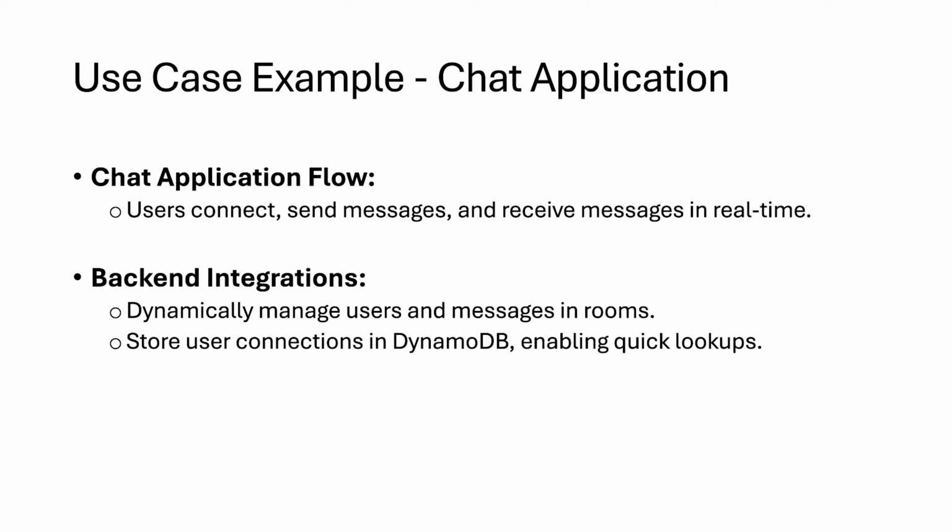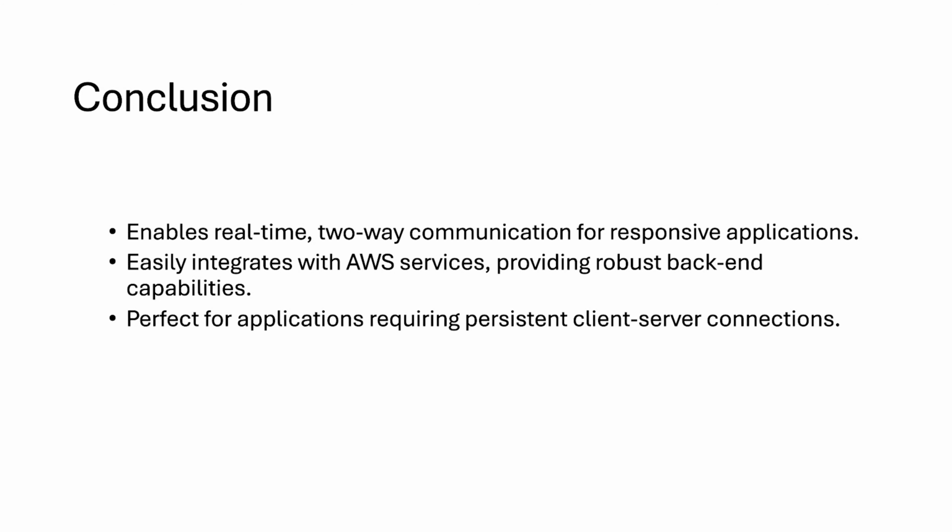And finally, the conclusion: WebSocket in API Gateway brings two-way interactive communication to AWS, which is opening up a world of possibilities for real-time applications. So anytime you want to create a real-time application where you need two-way interactions, WebSocket APIs are the go-to.